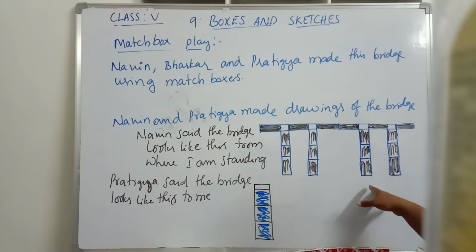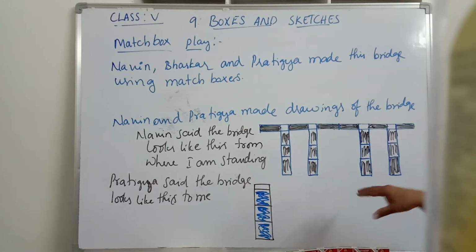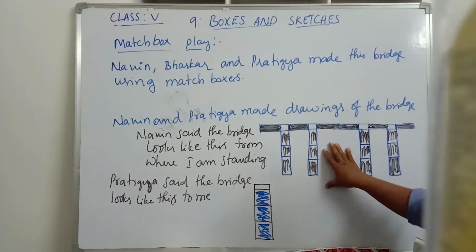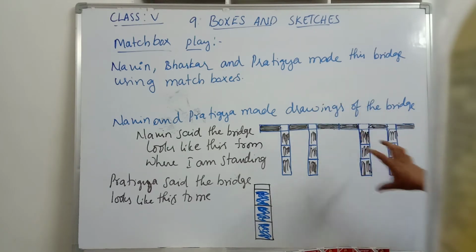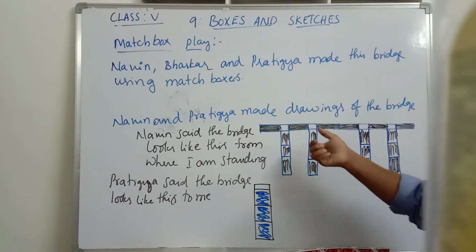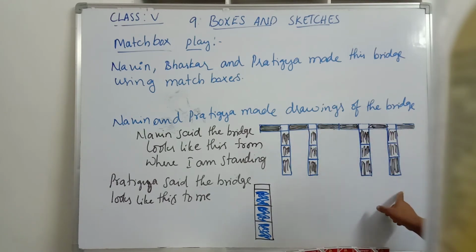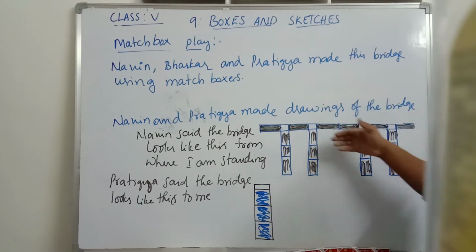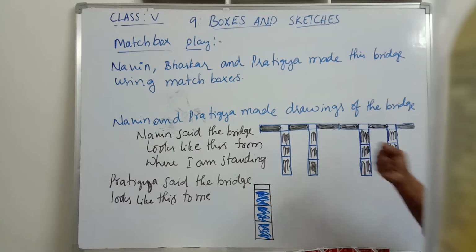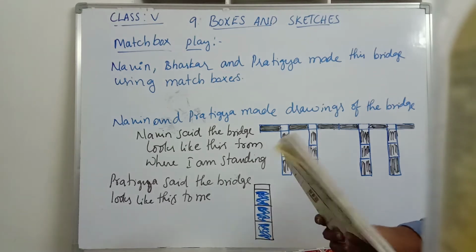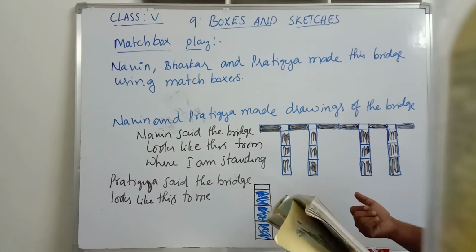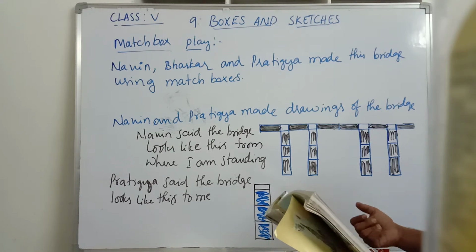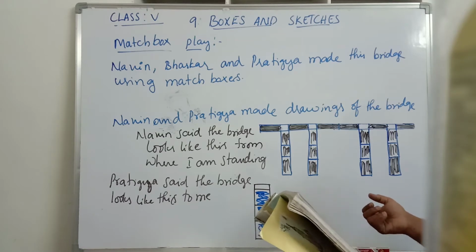And then the other person, Bhaskar, said from Naveen's drawing: from your drawing, I can make out how long and how high the bridge is, but I cannot make out how wide it is.